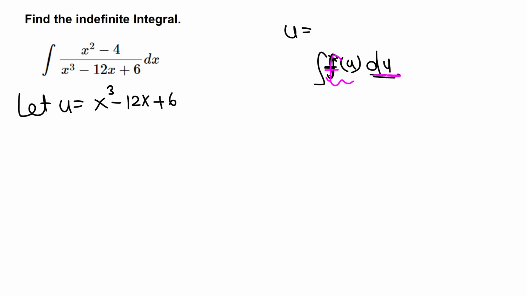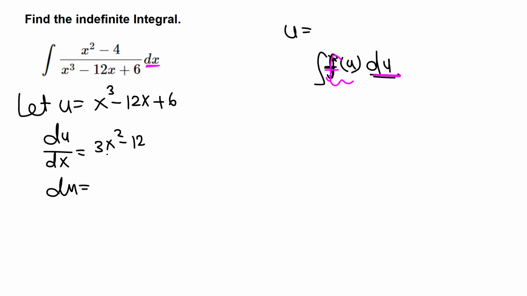Now we need du from dx, and to get dx here, we find the derivatives of both sides. So derivative of u with respect to x, let's find the derivative. That is 3x squared minus 12 plus 0. Okay, now we need to get dx by itself. So move dx to the other side.